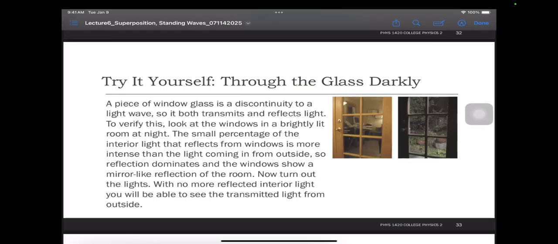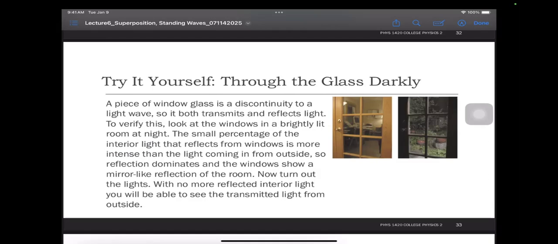The small percentage of the indoor light that reflects from the window is more intense than the light coming in from outside. So reflection dominates, and the windows show a mirror-like reflection of the room. Now turn out the lights, with no more reflected indoor light, and you will be able to see the transmitted light from outside.